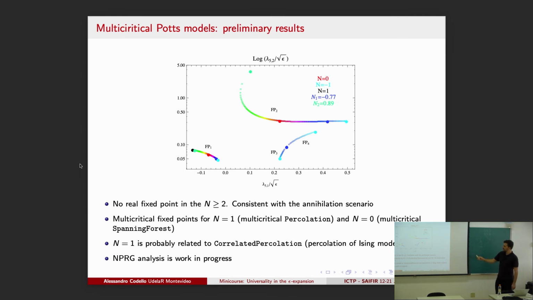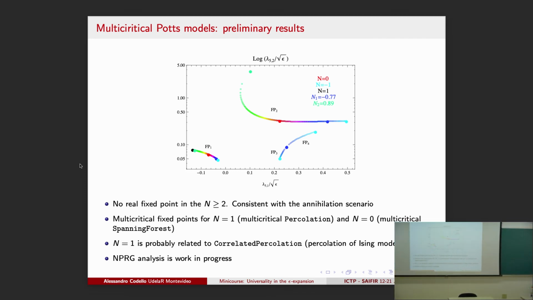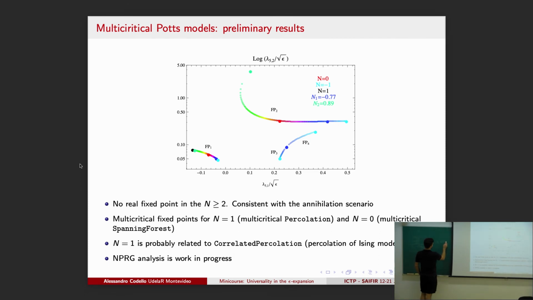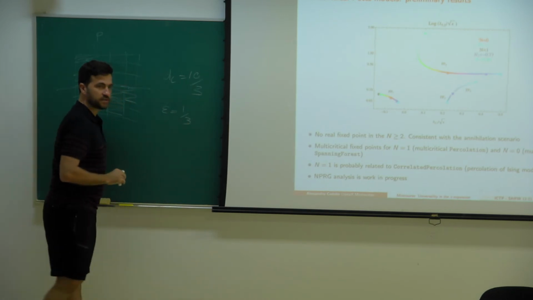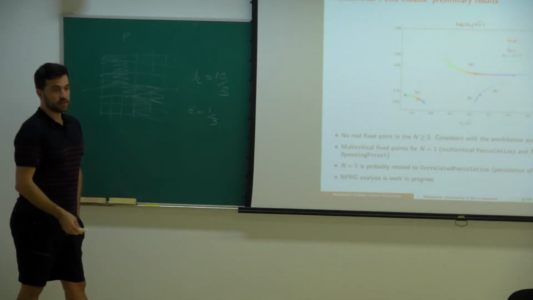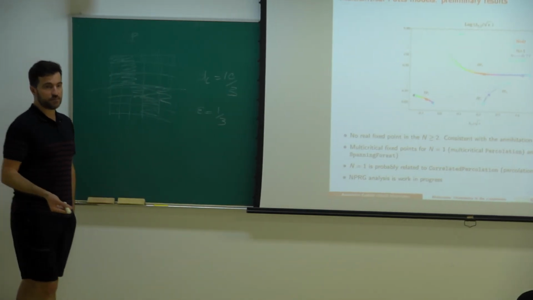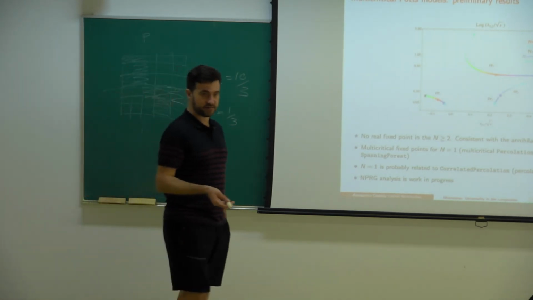Again, this is an intriguing scenario because here we are working with a problem with d critical equal to 10/3, so if I take epsilon, I need epsilon equal to 1/3 to reach 3. So maybe this is a situation where the epsilon expansion is well behaved.